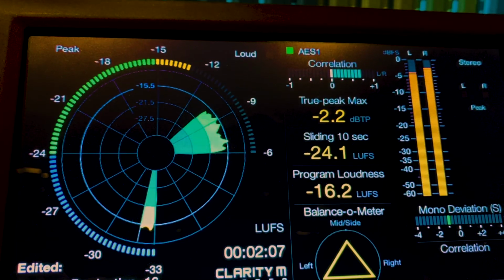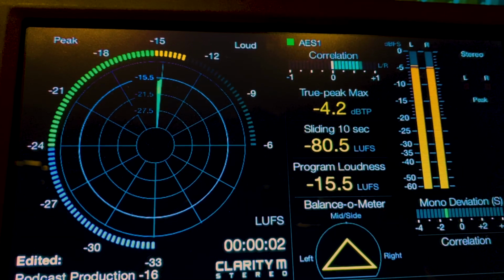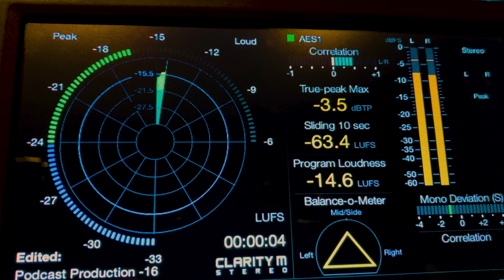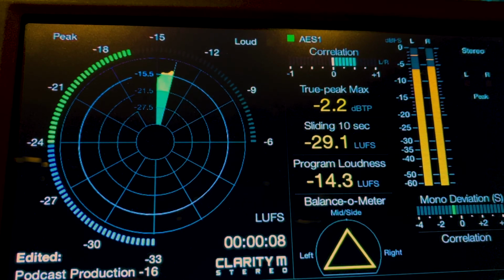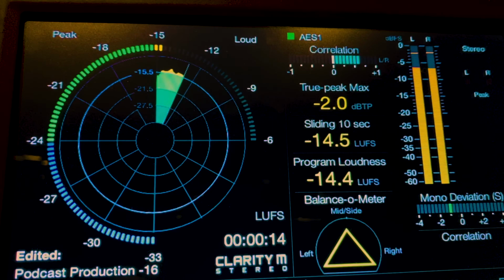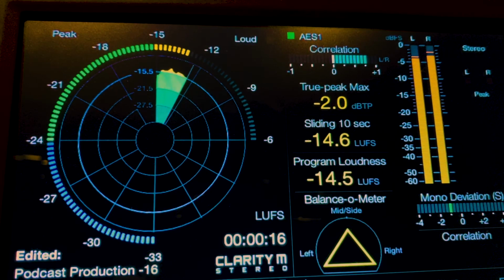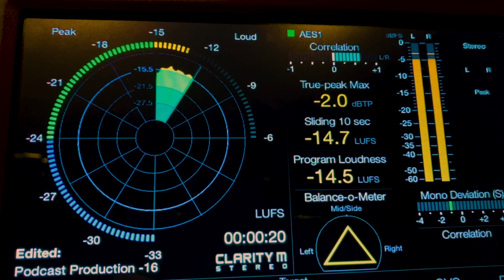I'm going to press the reset just to speed this up. Okay, so you can see there our sliding 10-second scale is minus 14 and a half, roughly, minus 15. That's a great spot for us to live.